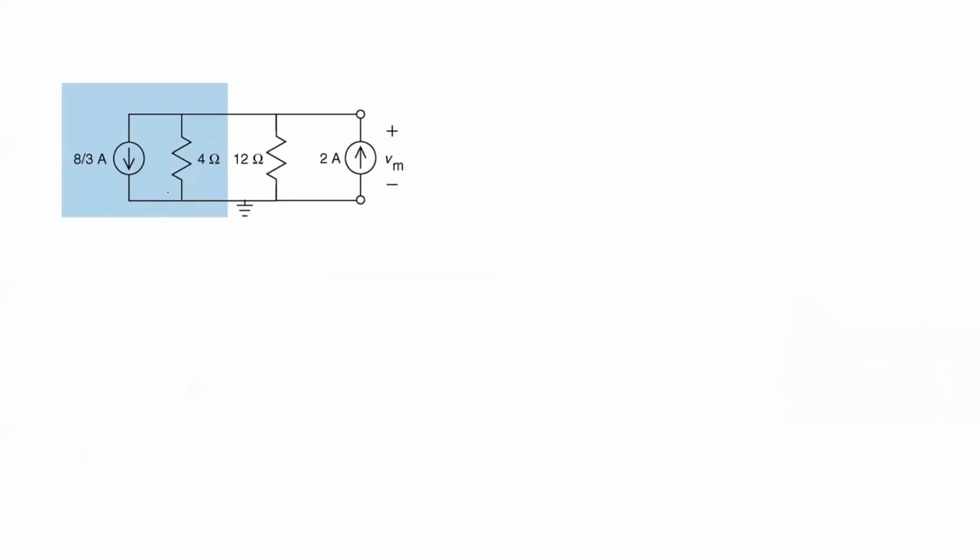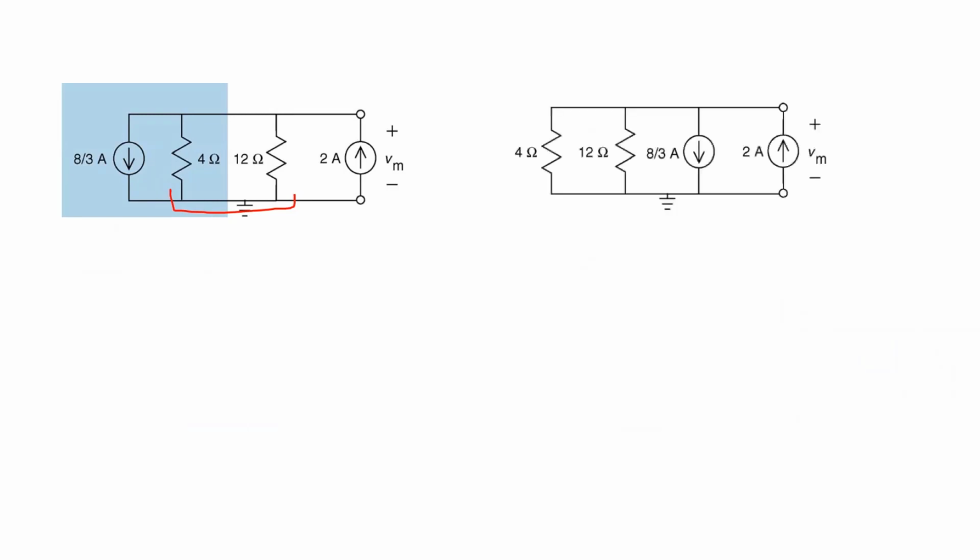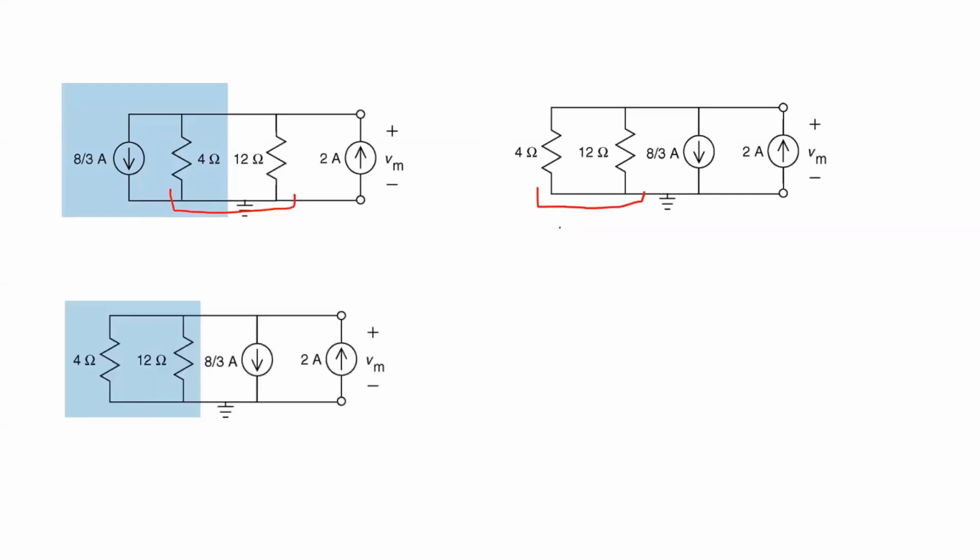Now 4 and 12, are they in parallel? Yes, they are in parallel, so they can be converted into a single resistance. What is the value?